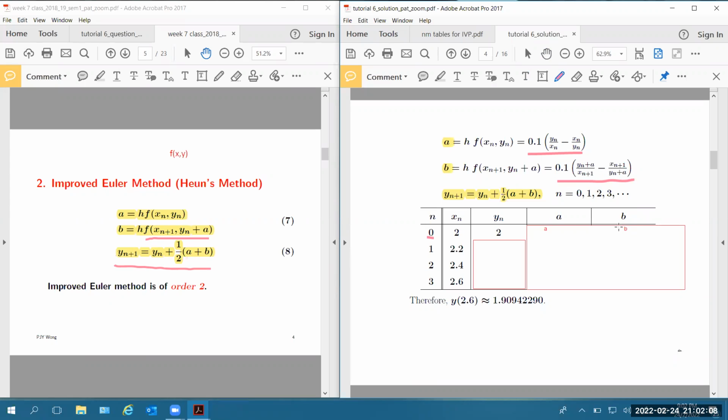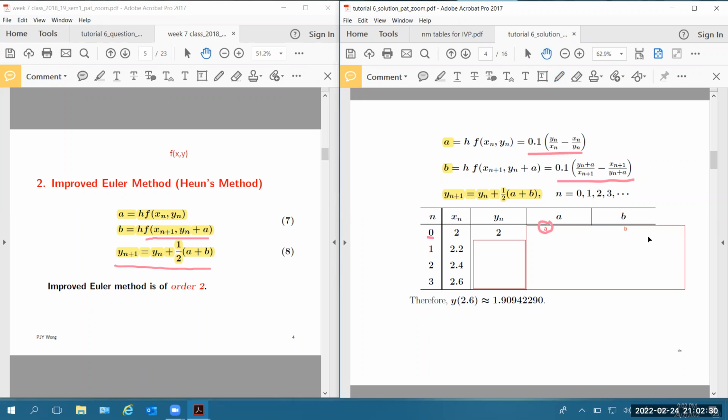Since you are in this row, your n is 0. You put n is 0 inside. Then inside you also see the A. The A refers to what? It refers to this A, the one that you just calculated. All right, so that's how you get to here.